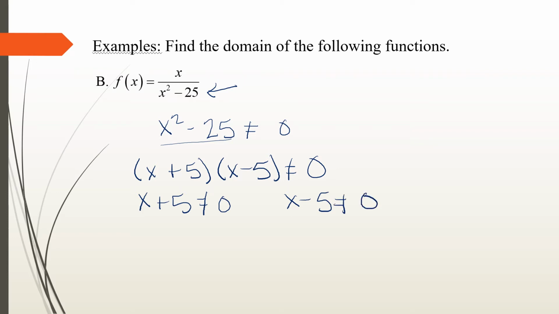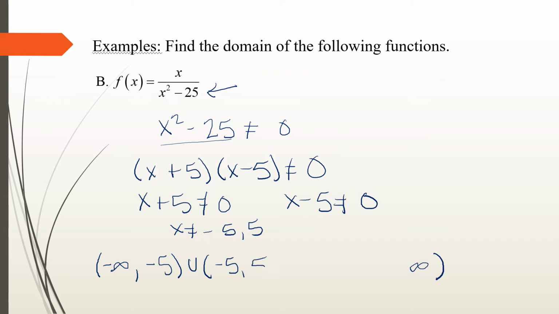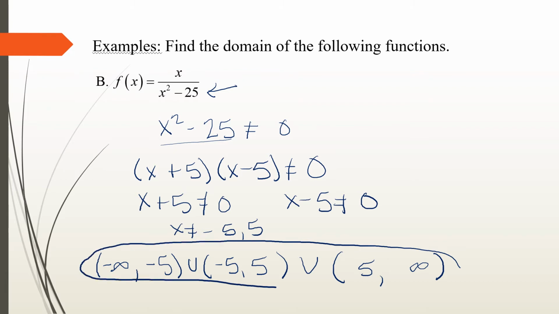So x cannot equal negative 5 or 5. And so in interval notation, we're going to go from negative infinity to infinity and just exclude our exceptions: negative infinity to negative 5, then from negative 5 to 5, and then from 5 to infinity. So that's our domain.